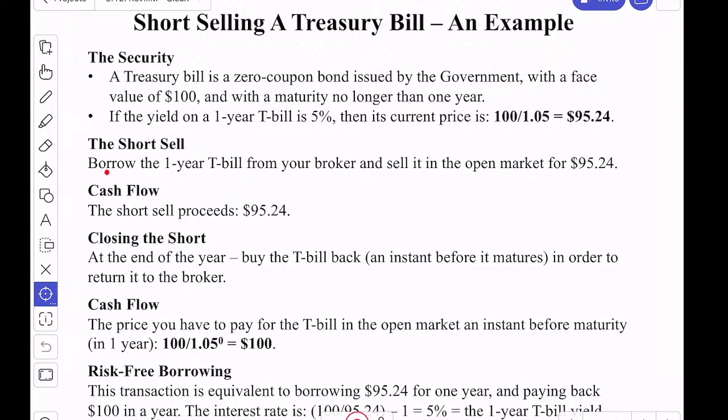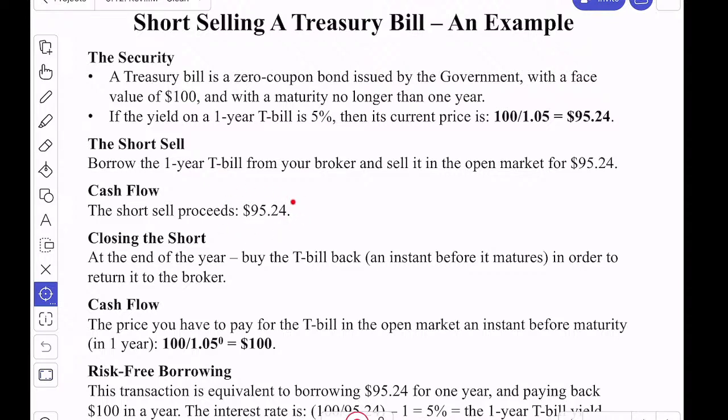A short sell is initiated when you borrow a 1-year T-bill from your broker and then you sell it. So you can get this in the market, $95.24 today. So you have this and you can do what you like with it. What we're going to do with it is put it towards buying risky securities, right?